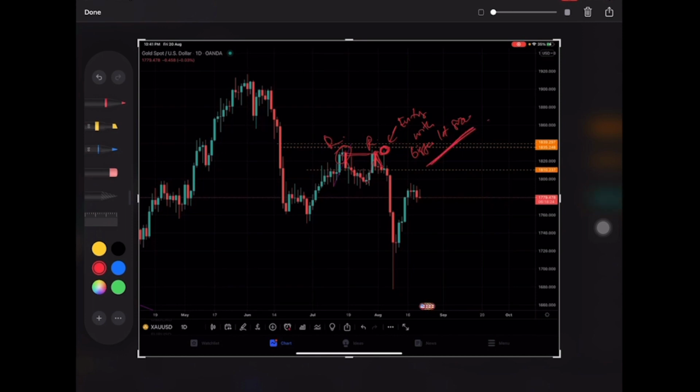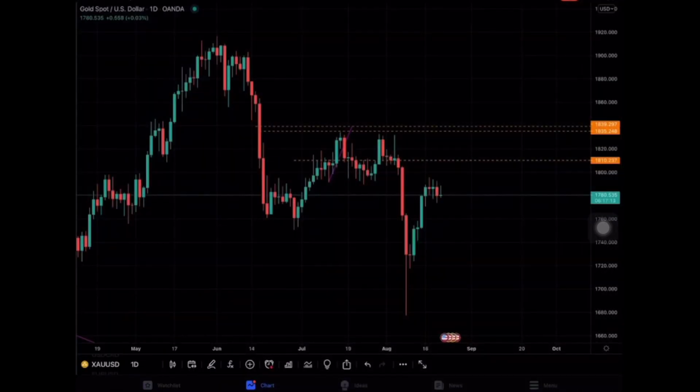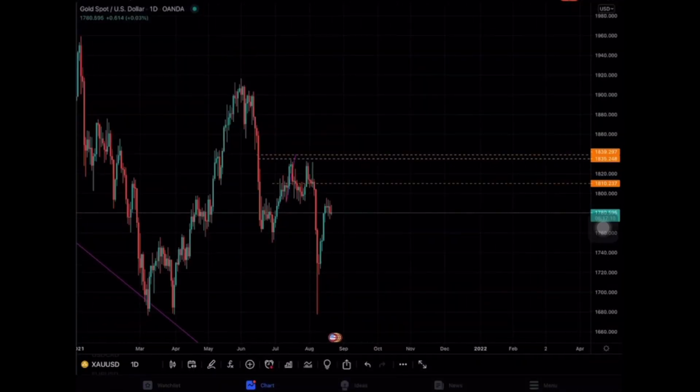That is how you enter a double top or a double bottom. When the price rejects, there's always an opportunity for the price to come back to that level for us to enter. So this is a very obvious one. You guys can practice double top and double bottom. Uncle hopes it is very clear for you guys.